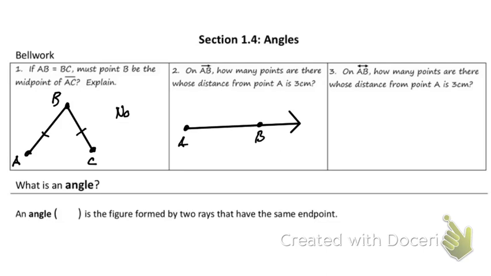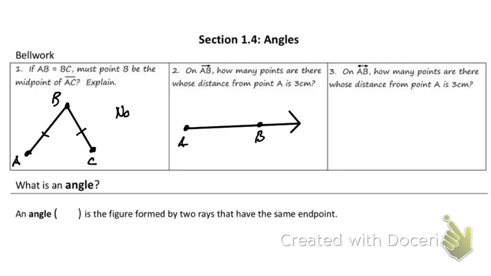All right, now I have that picture. And it says, from point A, how many points are there that are exactly 3 centimeters away? So I'm going to pretend my fingers are a ruler, that this is exactly 3 centimeters. When I put my thumb on A, and I go to here, there's only one place on the line that's exactly that measurement away.